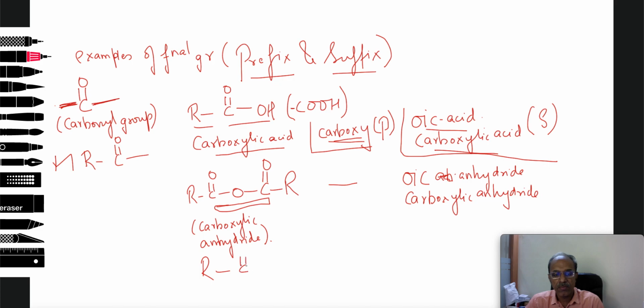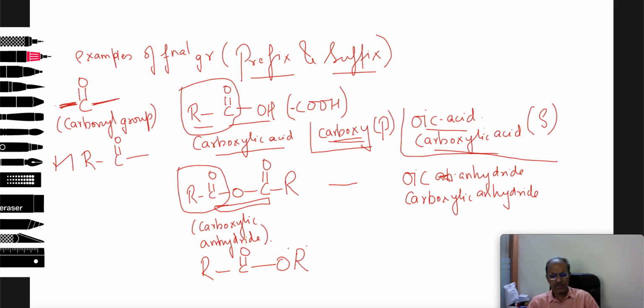Now, RC double bond O, you can see this part remains the same. Similarly RC double bond O, R. This is some carbon atom, and similarly here is the other carbon.